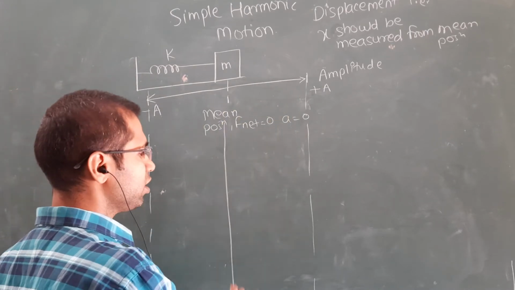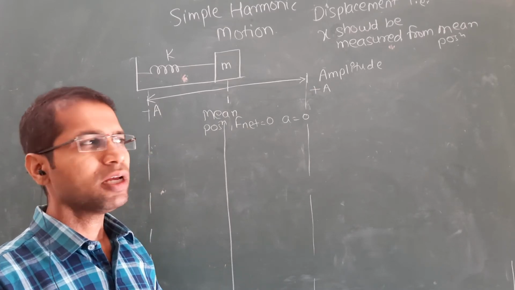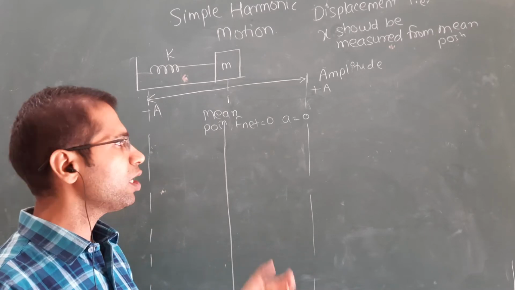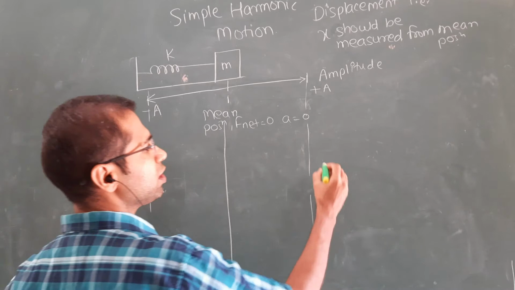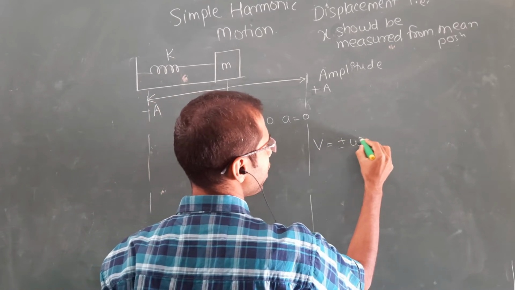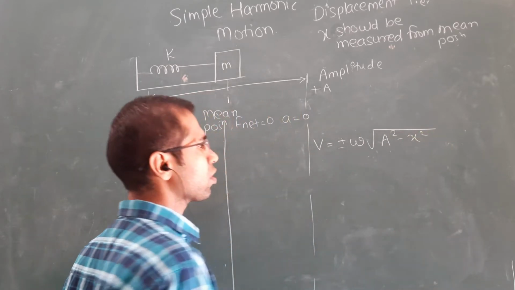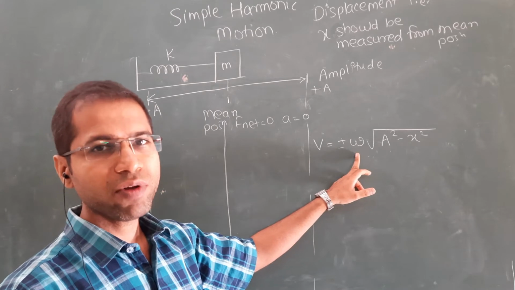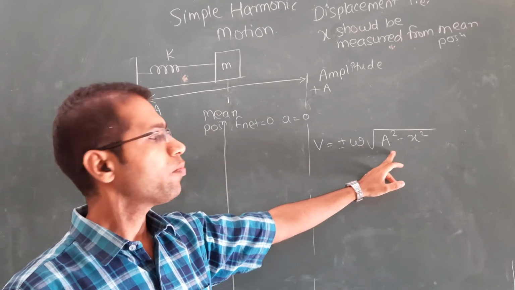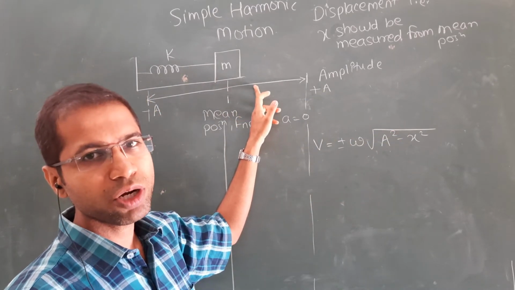So now if I have to consider the velocity, one expression for the velocity which we need to remember, I can derive this also, but just because of the short time we are given for the demo. So the expression we need to remember here: velocity is equal to plus minus omega under root a square minus x square, where omega is angular velocity, or here we are calling it angular frequency, a is amplitude, x is the distance from the mean position at the particular point we are measuring.